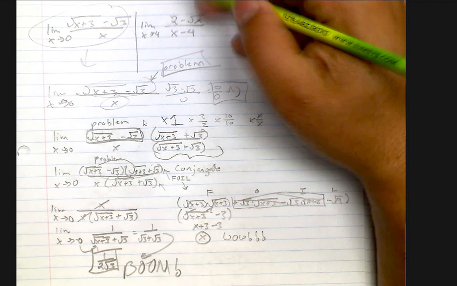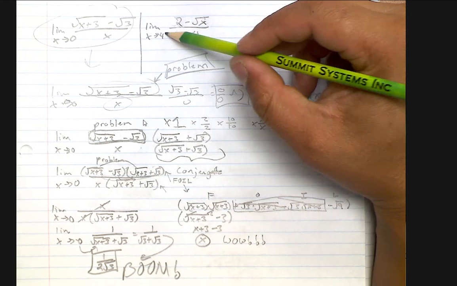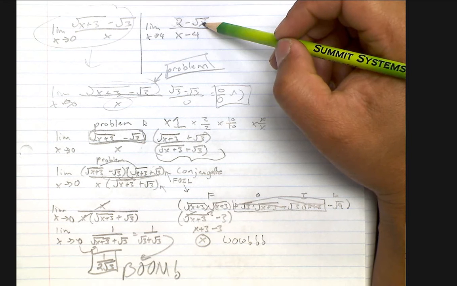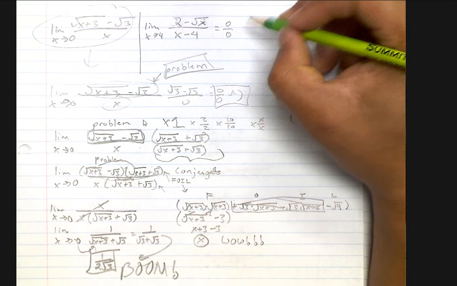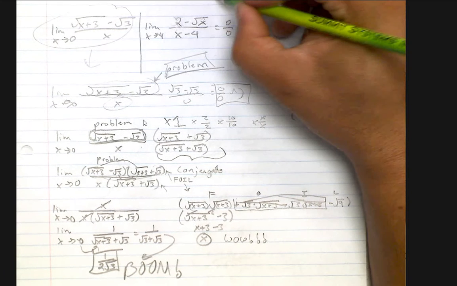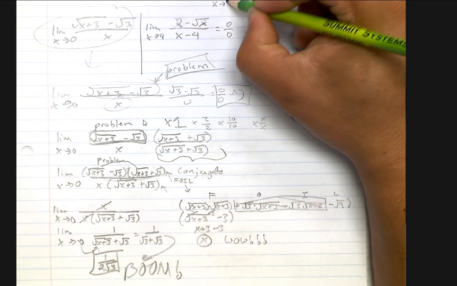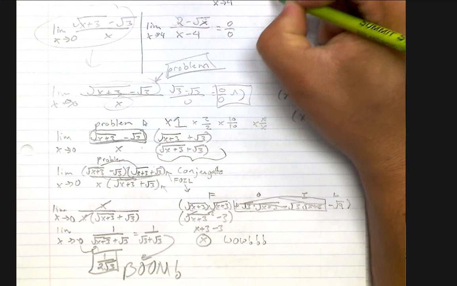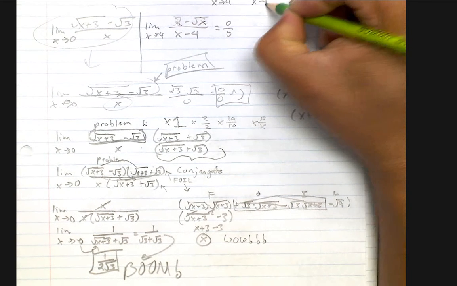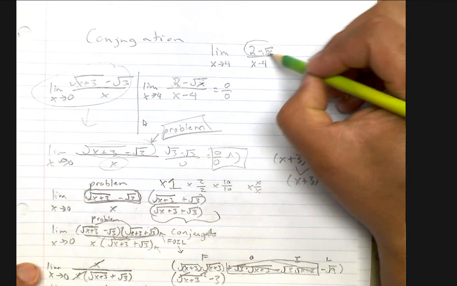So, 2 minus the square root of x over x minus 4. When I direct substitute, I get 2 minus square root of 4, which is 2, so I get 0 over 0. Right? So, how do I start? What is the conjugate? What do I do? The problem is the part with the square root.